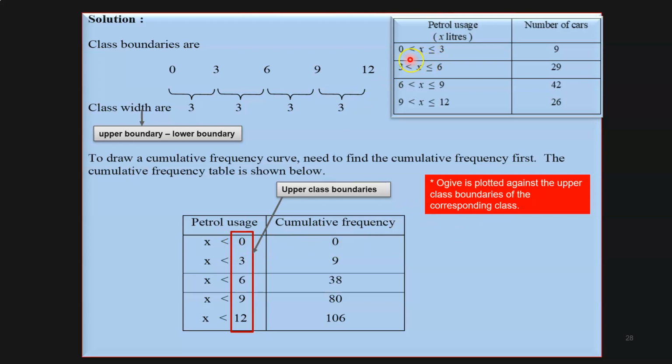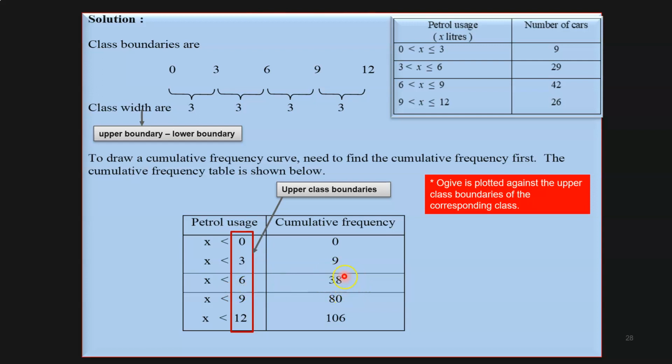Walaupun kita tahu dia start from 0 until 3. So, you tambah satu lah yang less than 0. Less than 0, you have 0. Okay. Less than 3 adalah yang ini. Ada 9. Yang ini extra. You kena tambah satu kelas dekat atas. Yang mana cumulative frequency dia 0. And then x less than 6. You have 38.